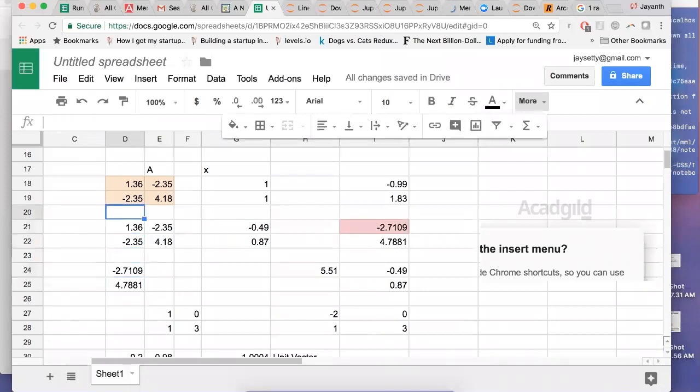So a simple check is, if I have a 2 cross 2 matrix and I'm multiplying with 2 rows and 1 column, I should always get a 2 cross 1 matrix. So the thumb rule is, if I'm multiplying A, B with C, D, I should always get A and D out.